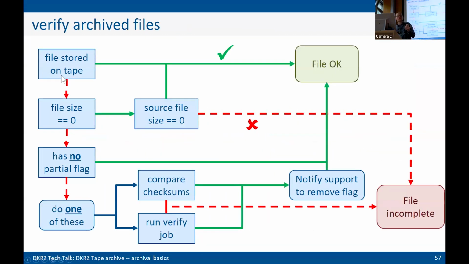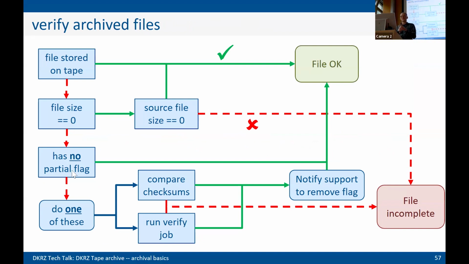Then, if the file is not on tape, you can check the file size. If there's a size of 0, and the source file also has the size of 0, then everything is fine. If not, it's clear this is an issue, you have to re-archive it. Then, if it has no partial flag, then also everything is okay.